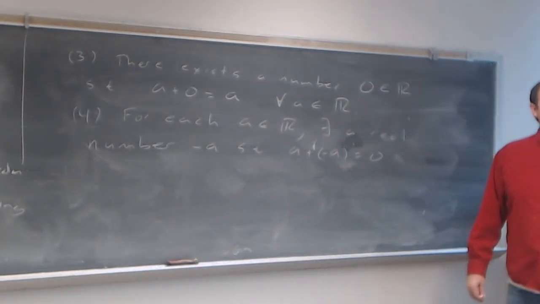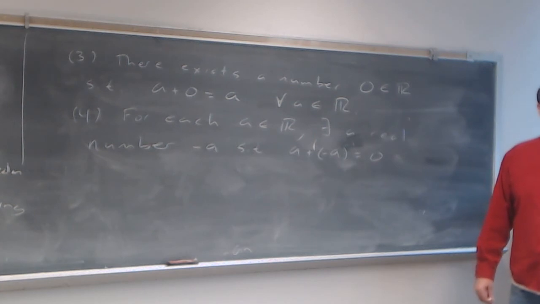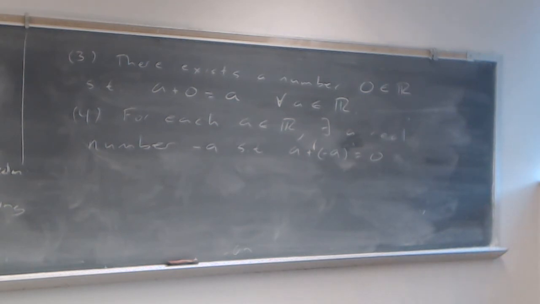That minus A is called the additive inverse. It's the guy that you add to A to get back to 0. Those are the 4 main properties for addition.